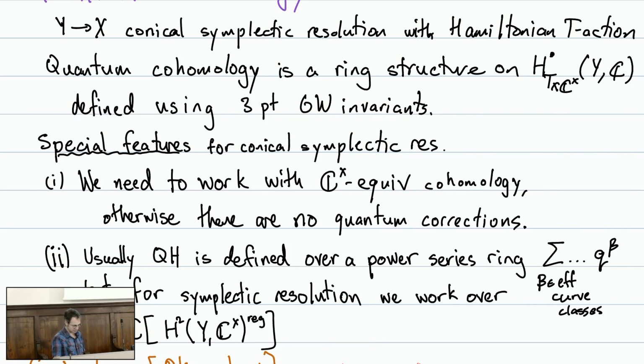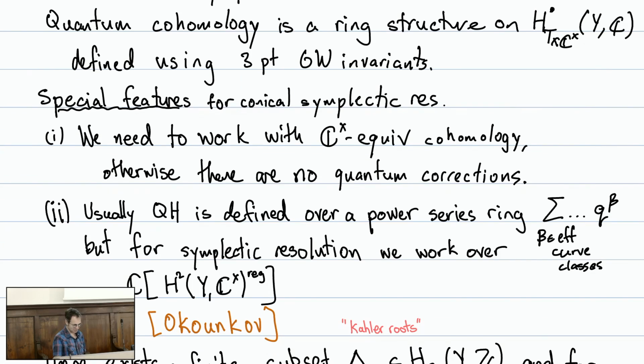And the second special feature is maybe more surprising. Usual quantum cohomology is defined over a power series ring. So you'll see some expressions if you look at the definition of quantum cohomology: you sum over some effective curve classes, you have these formal variables q to the beta, and this is going to be an infinite sum. And so you have to work over this power series ring.